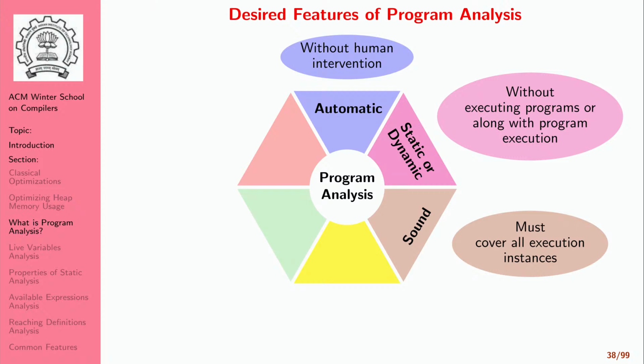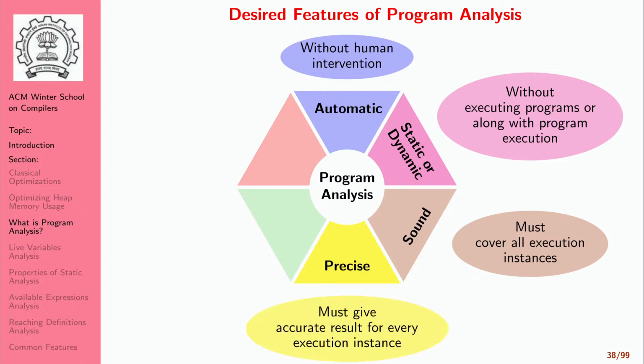But let's not talk about that. The other feature is program analysis should be precise, must give accurate result for every execution instance. This can only be approximated. This cannot actually be reached because program analysis is undecidable, right?